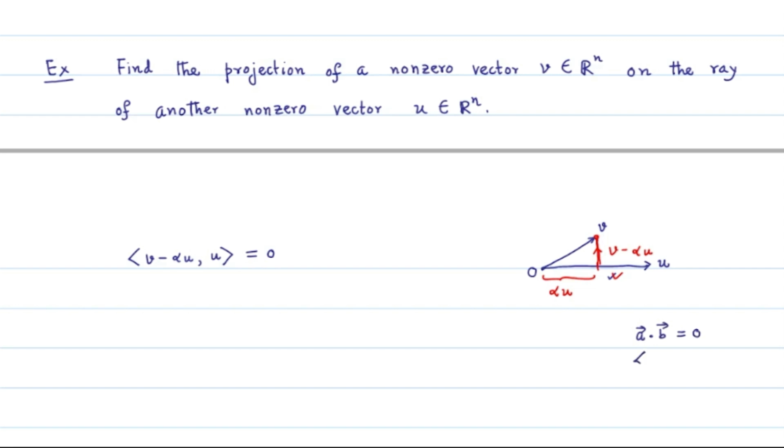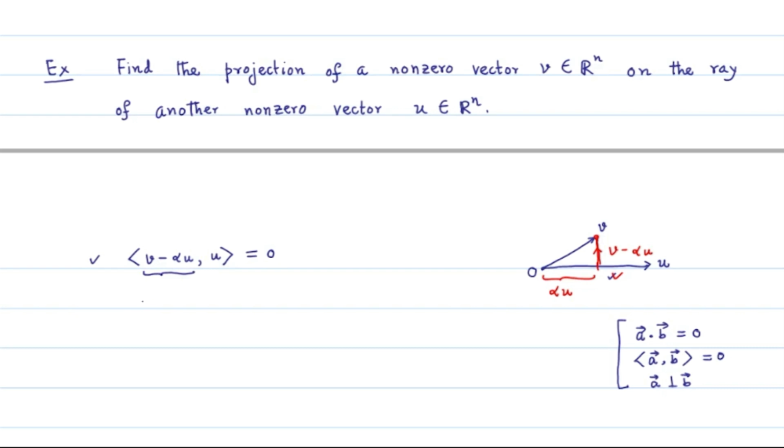Similarly, if the inner product of two vectors is equal to 0, then we say that the vector a is perpendicular to the vector b. From the condition of perpendicularity of v minus alpha u with u, we get this equation.